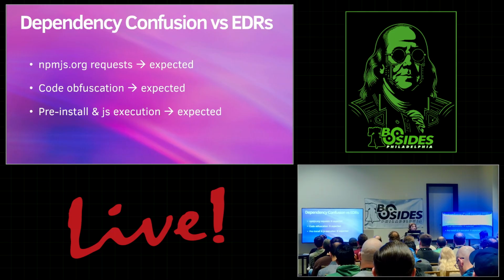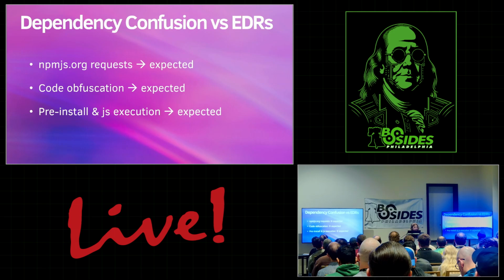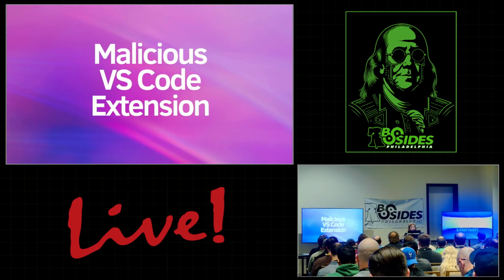And that's also relatively expected because there are many legitimate reasons why a developer would upload obfuscated code or minified JavaScript or whatever. Additionally, the pre-install script and the JavaScript execution, seeing that being run on a system is literally how Node works. If there's no pre-install or execution, then there are no libraries, there's no functionality. So these need to be run, and so detecting this off of that would be incredibly ineffective.